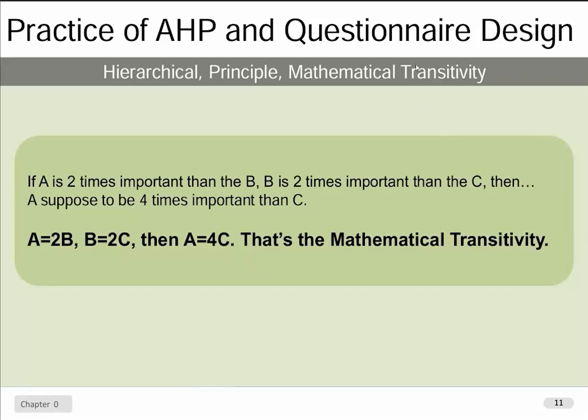Oh, a little bit hard to pronounce. Anyway, what does that mean? It means that if A is 2 times as important as B, and B is 2 times as important as C, then A is supposed to be 4 times as important as C. Okay, just like this one. It's a little bit tricky, I know that, but that's the interesting part about AHP.